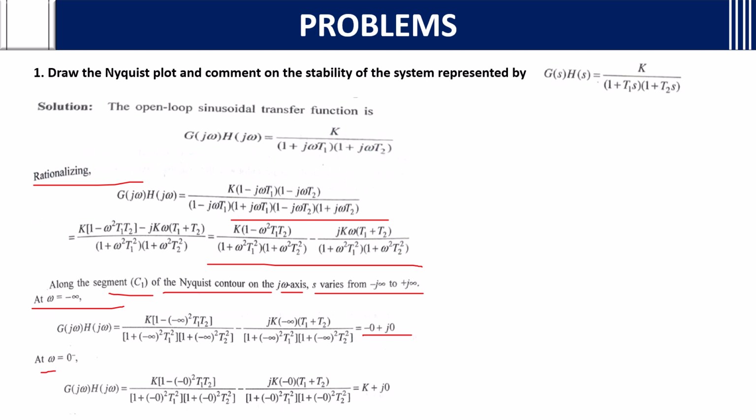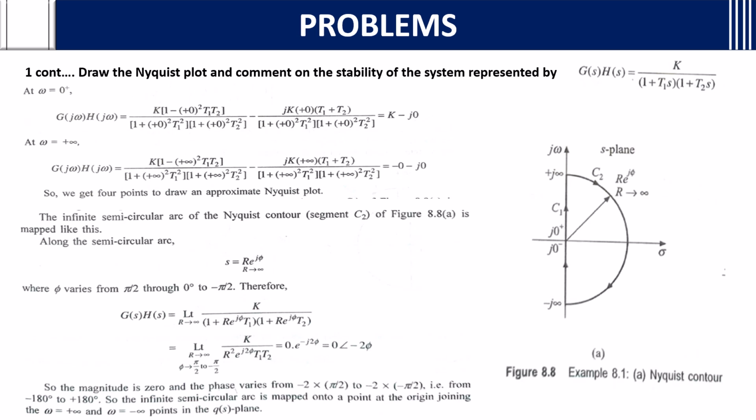When you substitute ω equals 0 minus, you will get K plus j0. When you apply ω equals 0 plus, you will get K minus j0. When you put ω equals plus infinity, you will get minus 0 minus j0. So you got some points for each ω. So we get 4 points to draw an approximate Nyquist plot.